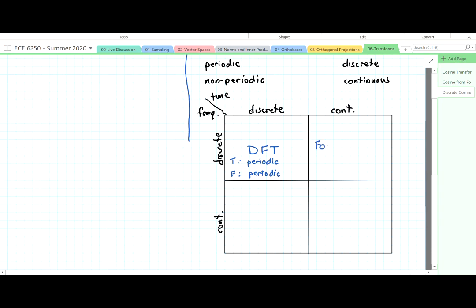So if you have discrete in frequency, but continuous in time, then you have Fourier series. And so this is where we were with our cosine transform. In this case, it is periodic in time and non-periodic in frequency.